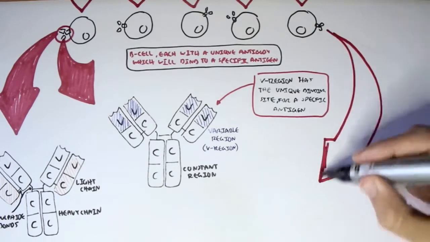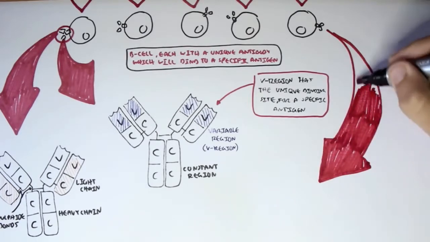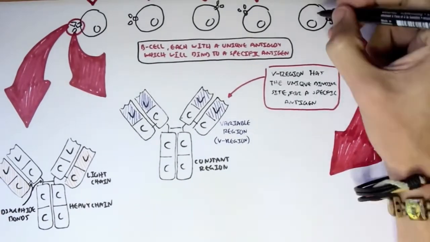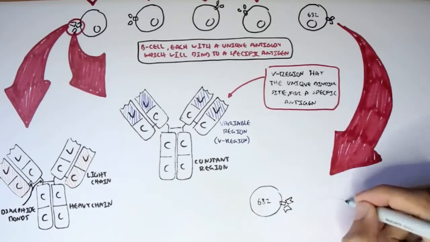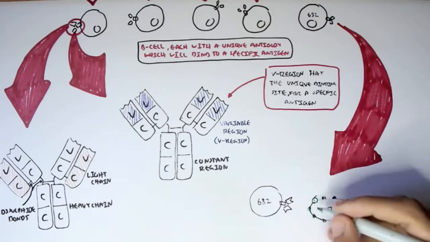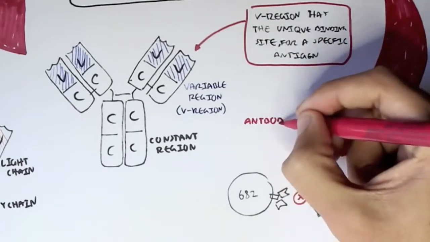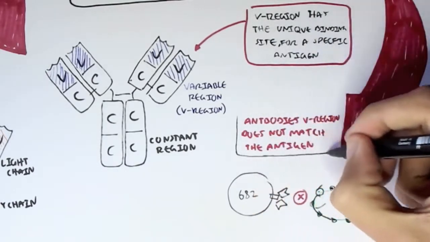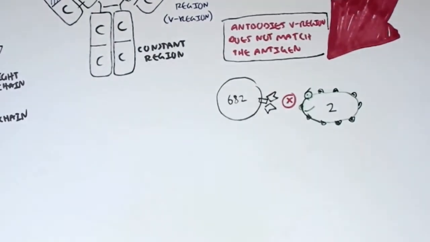So let's have a closer look at what I mean by antibody diversity and how each of these immature B cells possesses a unique antibody which will bind to a specific antigen. Let's have a look at this particular immature B cell. Let's call this immature B cell B-cell 6A2. Now B-cell 6A2 cannot bind to this particular antigen because the V region of the antibody does not match that of the pathogen's antigen, because as you can see, this pathogen number 2 has circular looking antigens, whereas the binding site of the B cell has a triangular looking V region.